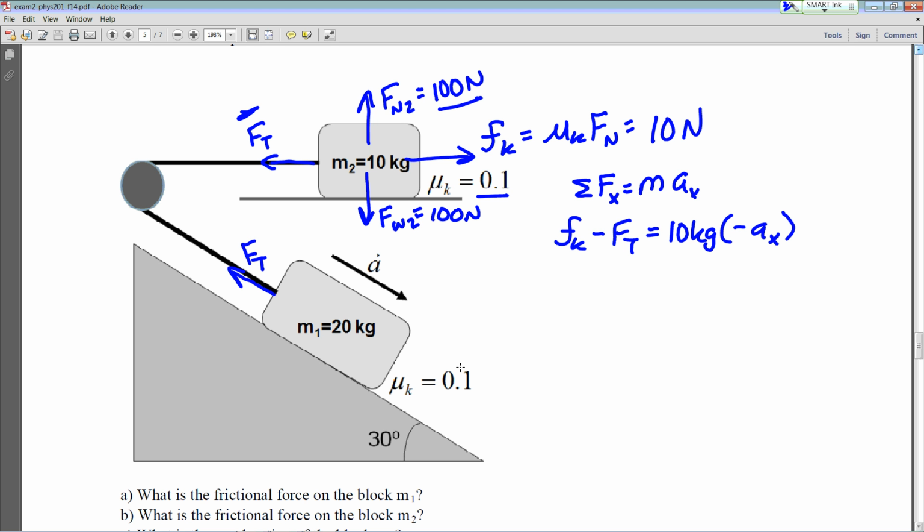And then we do the same thing down here for our inclined plane. There's my axes. I have the weight, Fw1, which is equal to 200 newtons. And then I have the normal force here. This is Fw1, this is Fn1. I have the tension acting here.